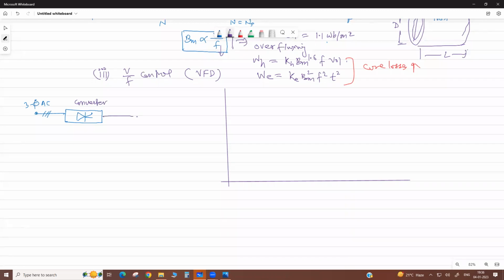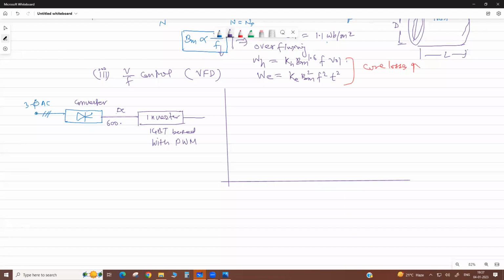Then we get a DC bus, DC voltage here. Then again we have an inverter, a three-phase inverter with IGBT based pulse width modulation to get a sinusoidal three-phase output. So the converter varies the voltage here.